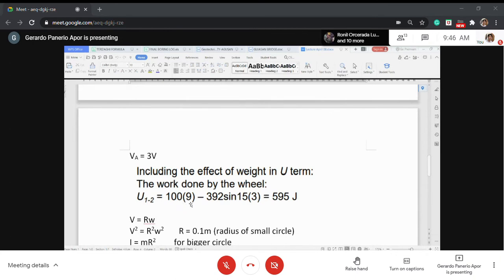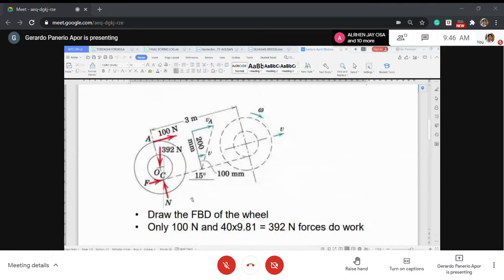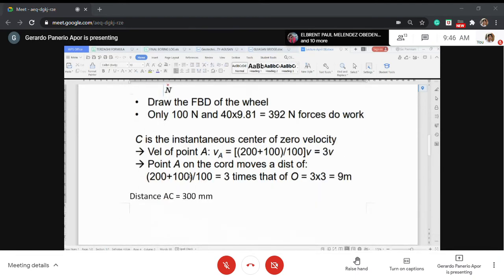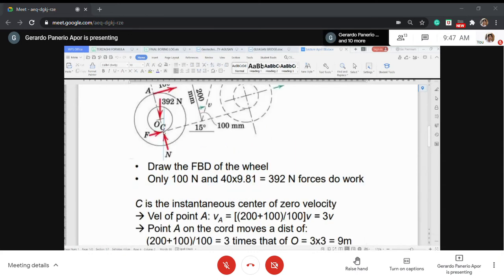Now, C is the instantaneous center of zero velocity.